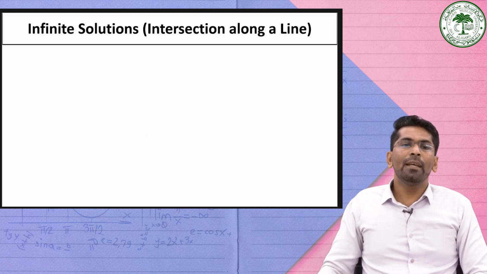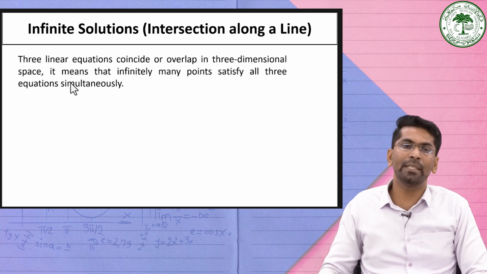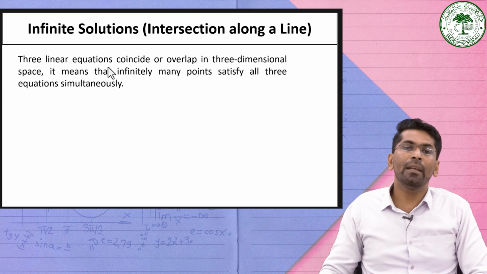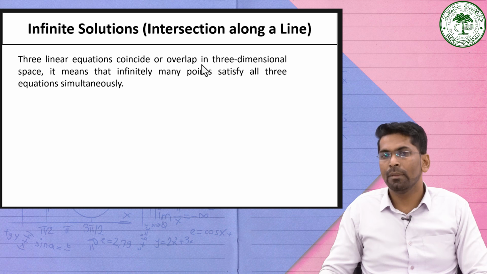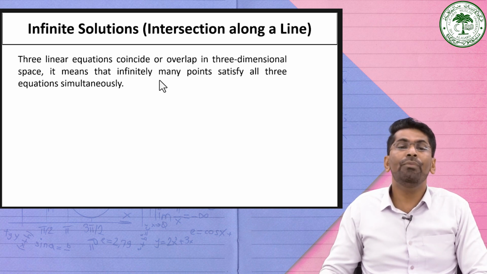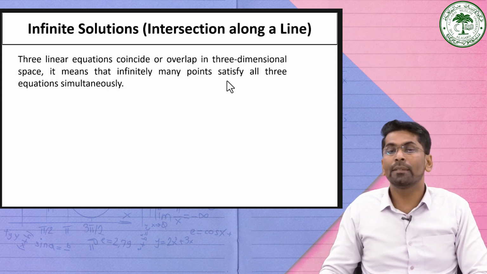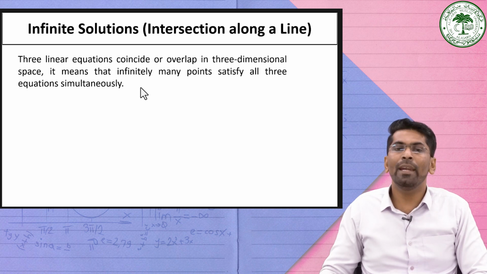Now consider another case. If the equations coincide or overlap, then in this three-dimensional space we have three linear equations that coincide or overlap. It means that we have infinitely many points that satisfy all three equations simultaneously. We can draw the graph.